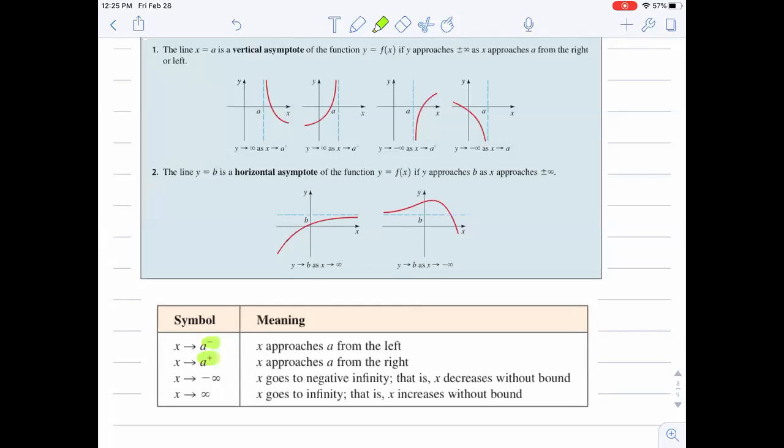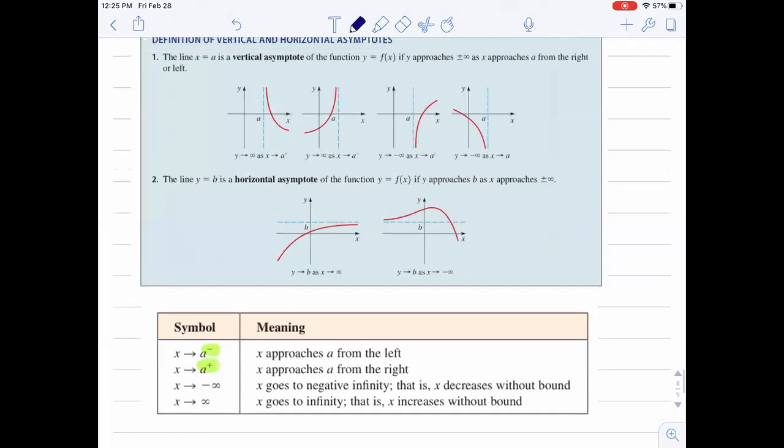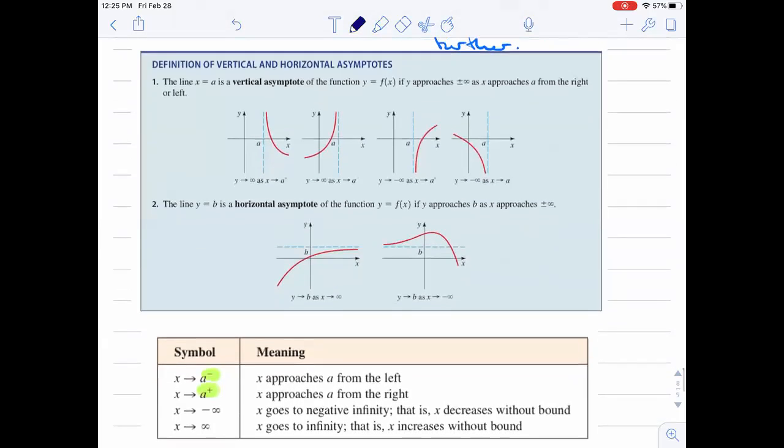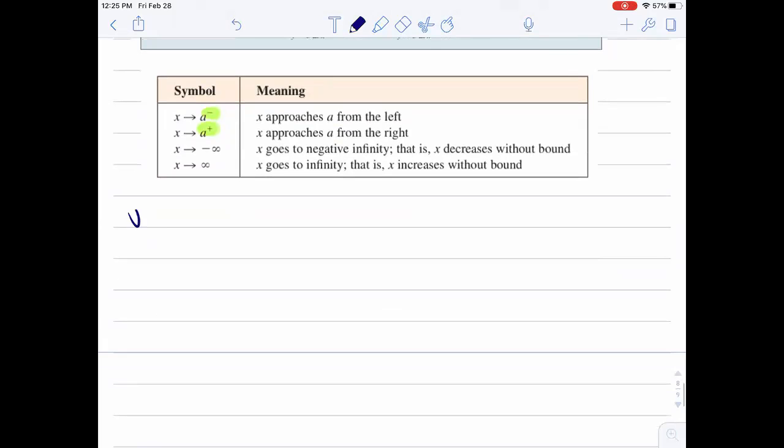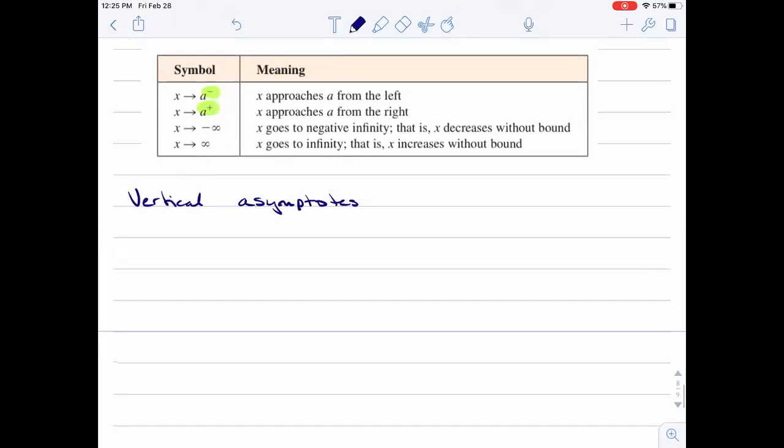Okay, so vertical asymptotes happen when the divisor q of x is equal to 0.